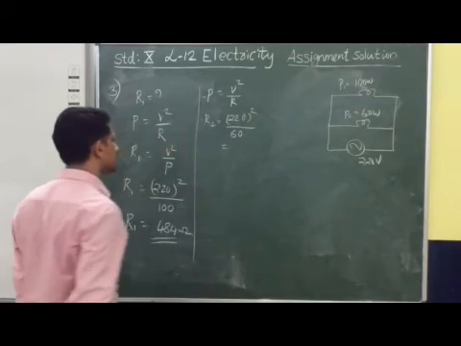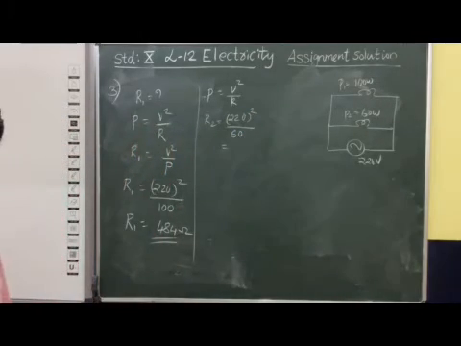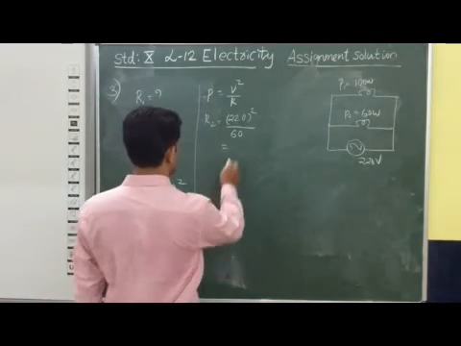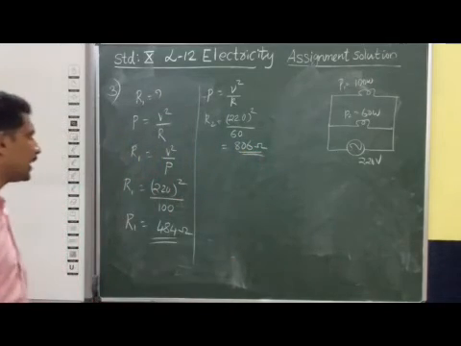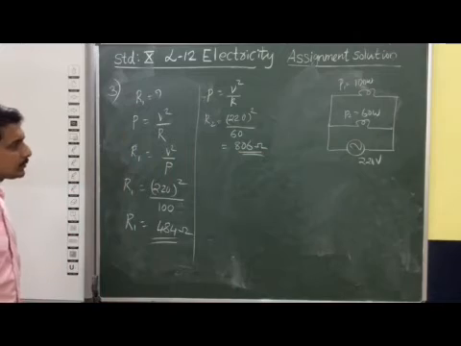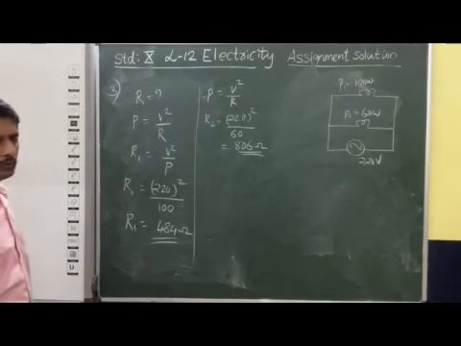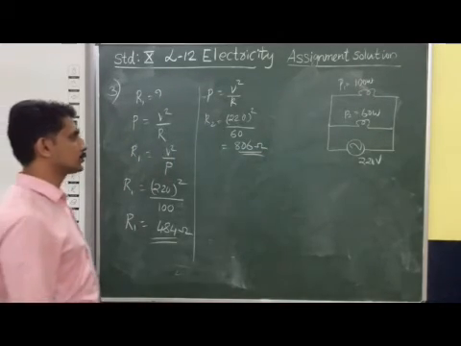So 806 ohm is R2. This way R1 and R2 are 484 ohm and 806 ohm.